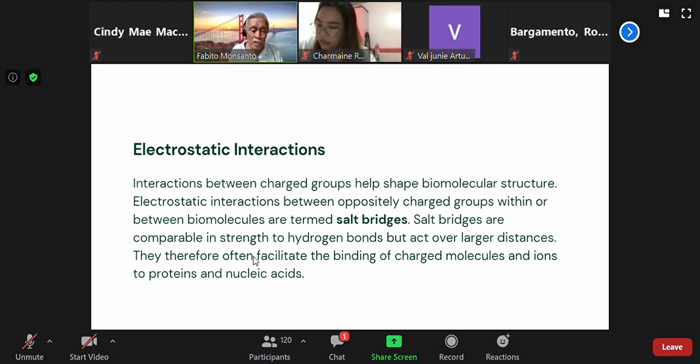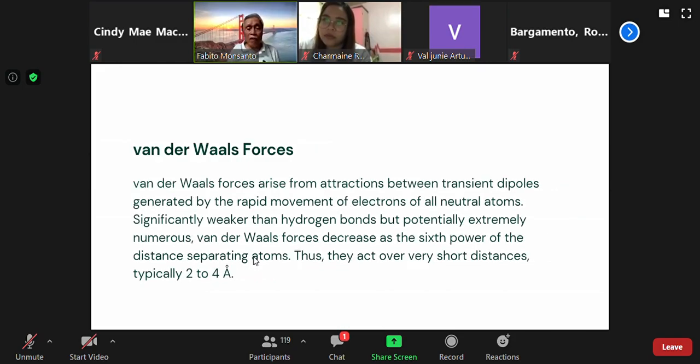Salt bridges are comparable in strength to hydrogen bonds, but they act over longer distances than the hydrogen bonds, oxygen to hydrogen. Van der Waals.